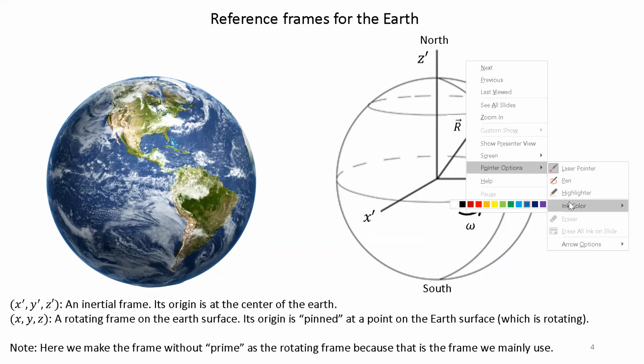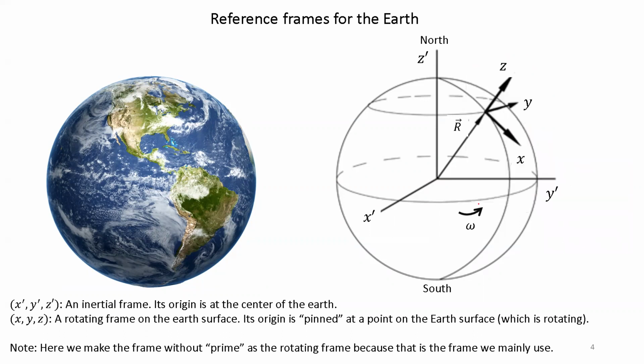In spherical coordinates, you have an angle called the polar angle, which is the angle between the vertical line and this line here. But here we won't be using this angle.